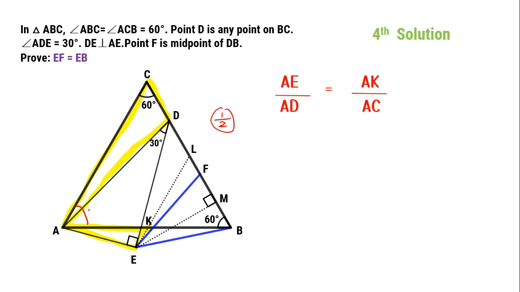Because angle BAC and angle EAD are both 60 degrees, angle EAK equals angle DAC.